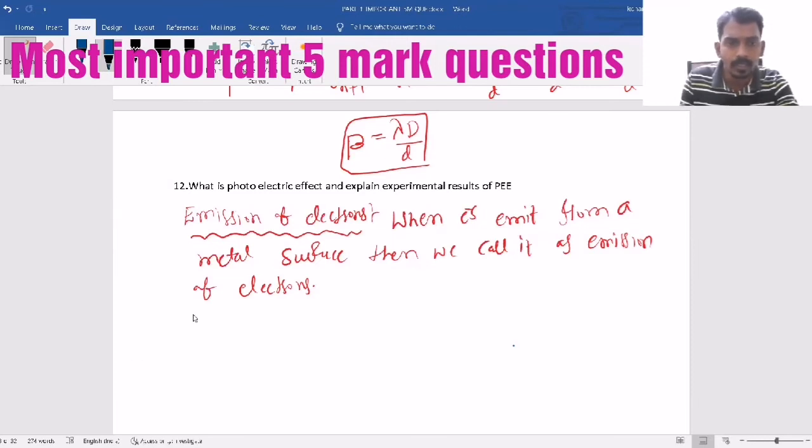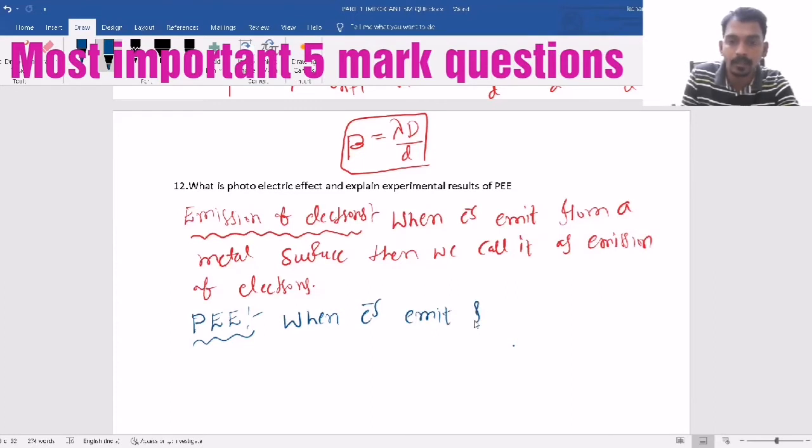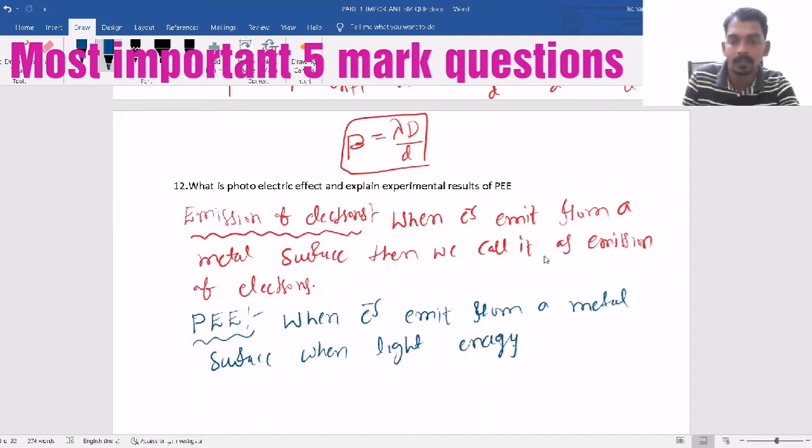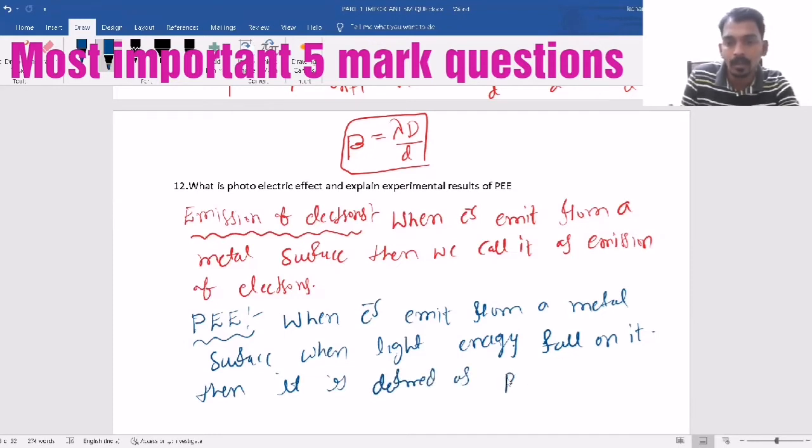Now, when you consider photoelectric emission or the photoelectric effect, when electrons are emitted from a metal surface when light energy falls on it, then it is defined as the photoelectric effect or photoelectric emission of electrons.